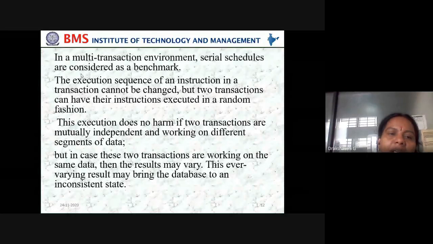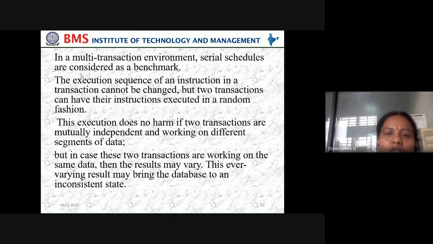So in a multi-transaction environment, serial schedules are considered as a benchmark. The execution sequence of instructions in a transaction cannot be changed, but two transactions may have their instructions executed in a random fashion. This execution does not harm if two transactions are mutually independent and working on different segments of data.